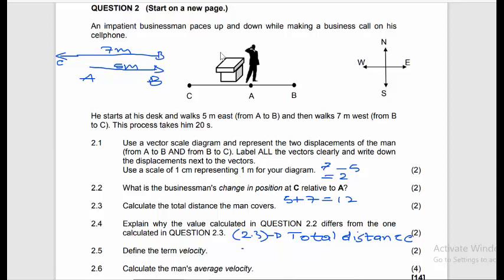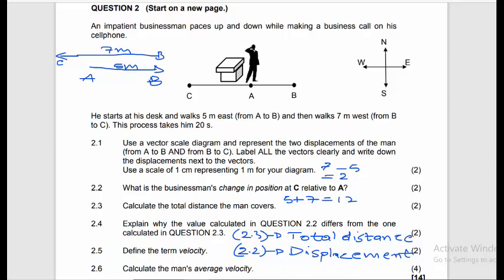Whereas 2.2 talks about displacement. So once you are at this point, you are almost done.